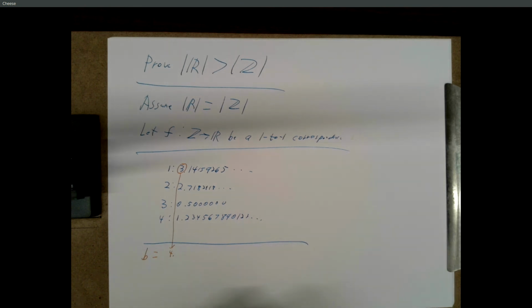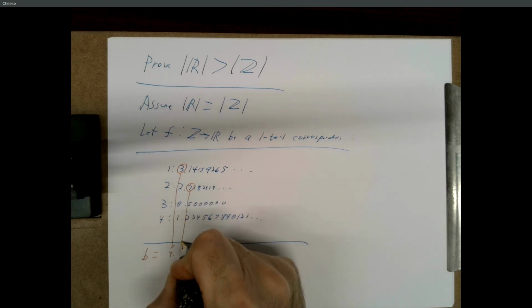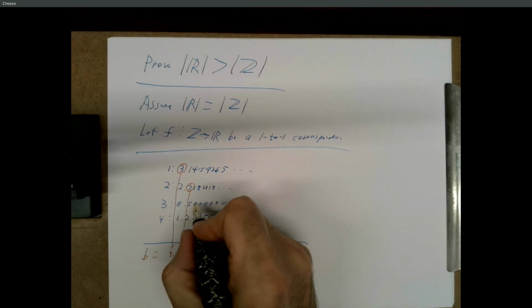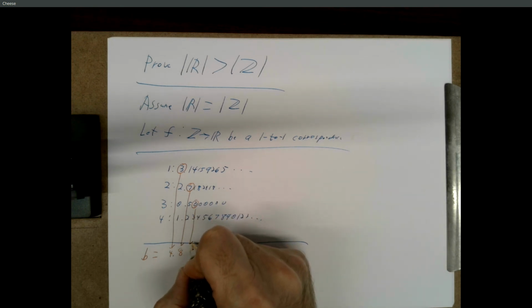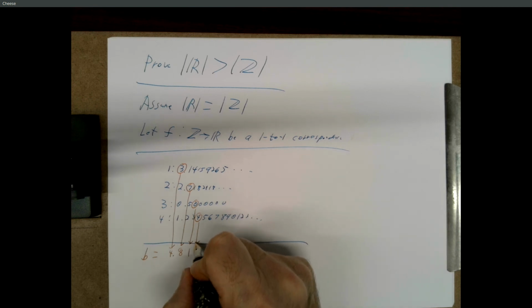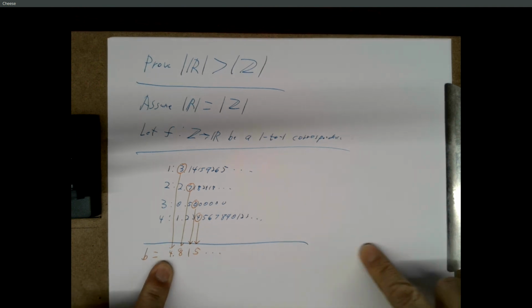Okay, the second digit of b is going to be the second digit of the second number plus 1. The third digit of b will be the third digit of the third number plus 1. The fourth digit will be the fourth digit of the fourth number plus 1, and so on. And if one of these digits happens to be 9, when I add 1, I'll just write down a 0 instead of a 10. So I end up with a number.